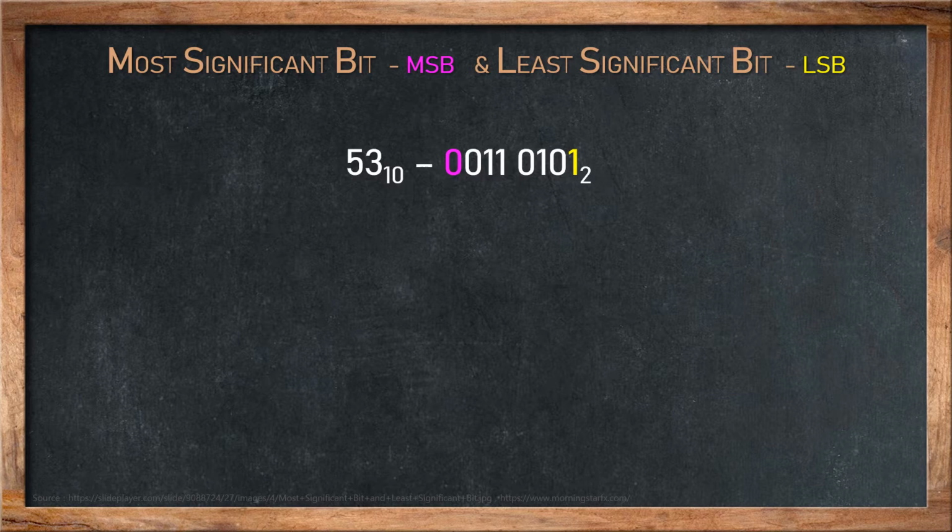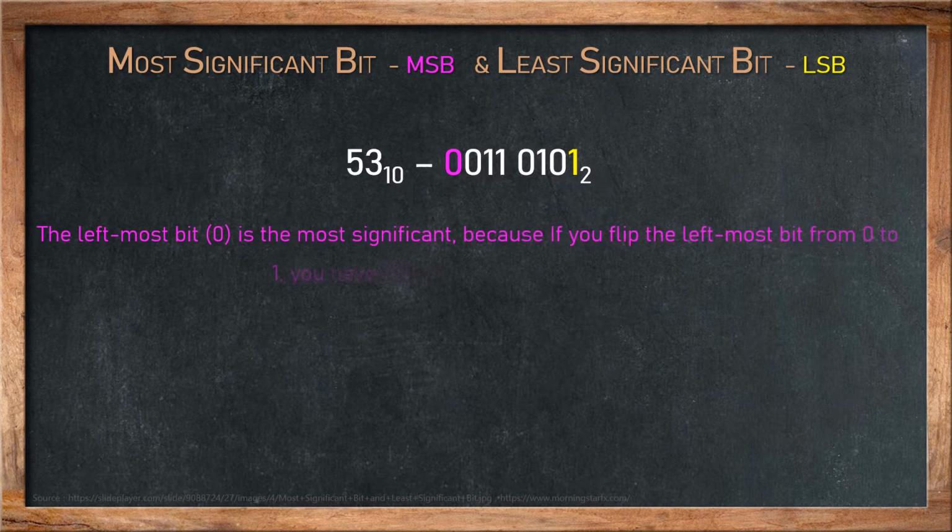53 is my decimal number with base 10, and I have converted that number into binary, and for binary the base is 2. The leftmost bit, that is my 0, is the most significant. But why? If you flip the leftmost bit from 0 to 1, you will get 0 1 0 0 0 1 0 1, and that is nothing but 181.